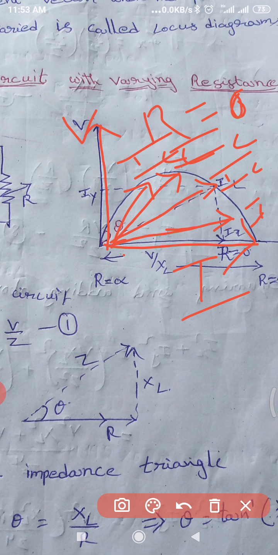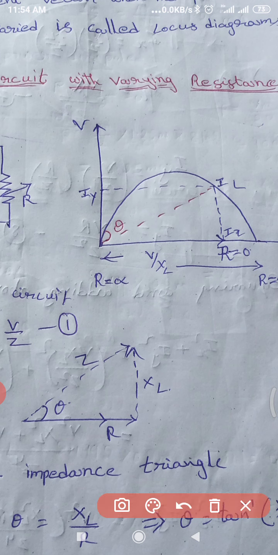Finally, when R tends to infinity, this I becomes 0. If you join all these points, this point, this point, and finally this one, and trace all the points, we get a waveform like this.